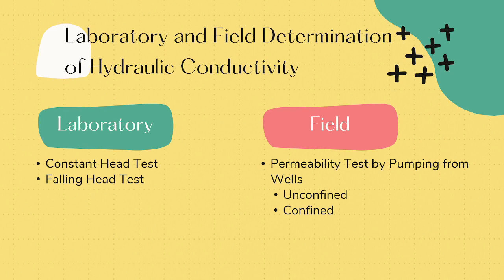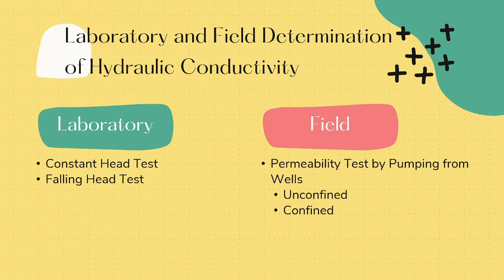So now let's proceed to the laboratory and field determination of hydraulic conductivity. We have two methods in determining the coefficient of hydraulic conductivity in the laboratory: the constant head test and the falling head test.